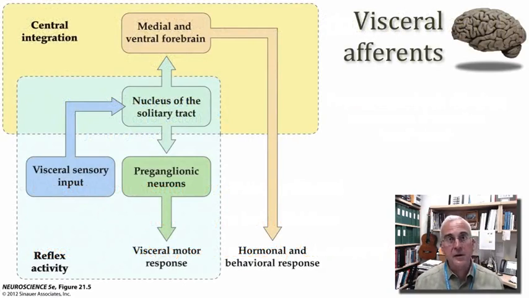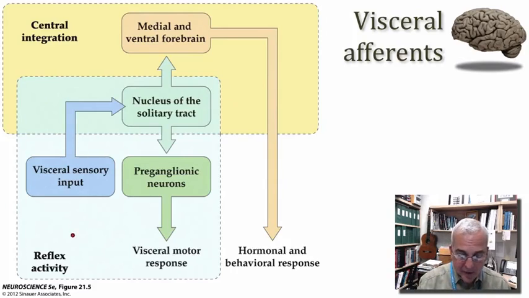So I want us to now begin to move into higher levels of processing in the central nervous system. But before we get there, I want you to appreciate the fact that there is a rich source of sensory information that is coming into the central nervous system, and this information is integrated at various levels.